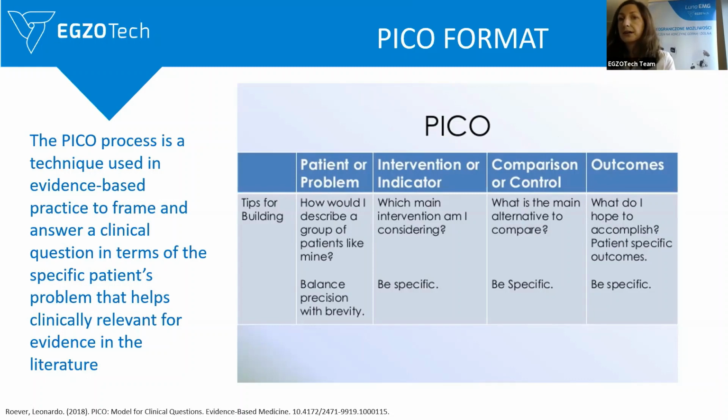So what is the main alternative to compare? Who would be my control group to whom I would like to compare my study group? And the last letter is O, outcomes. What do I hope to accomplish? What outcomes can I get from the patients after the intervention? And when planning the study, when answering several questions, we should be very, very specific from the very beginning.